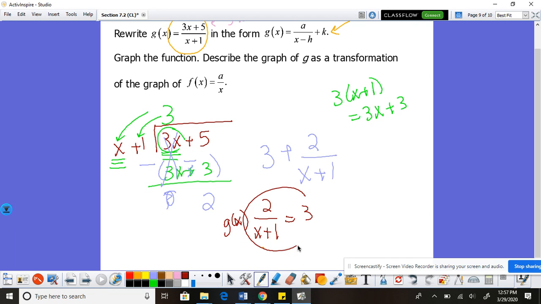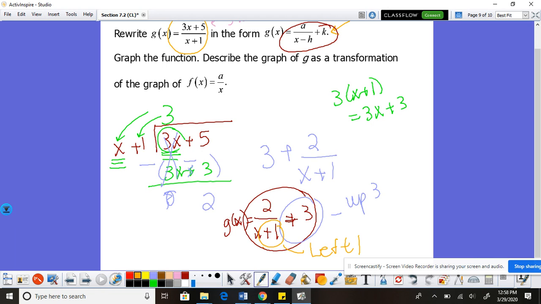Now notice this is a plus. Notice this and this are the same form. So now we can go back to what we did during day 1, where this would tell us we're going up 3, and this would tell us we're going left 1.